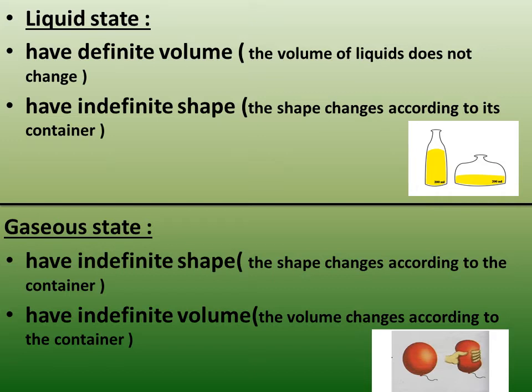We notice that the shape of water changes in the two containers, but the volume doesn't change. So the volume of liquids doesn't change, but the shape changes according to its container.